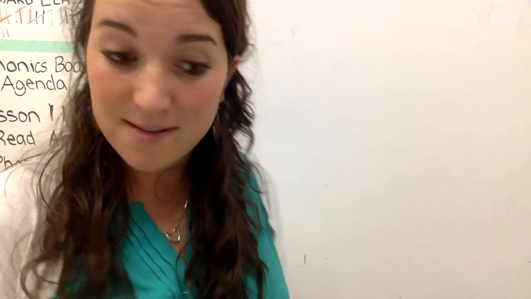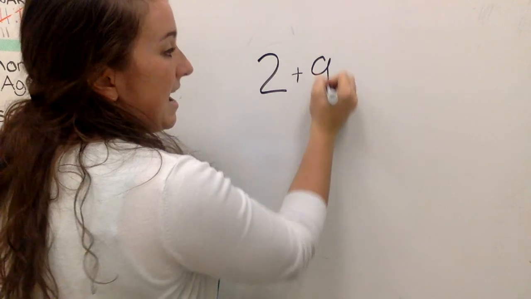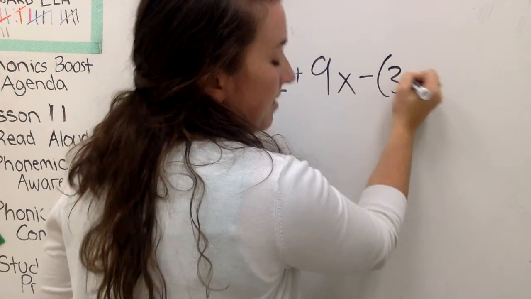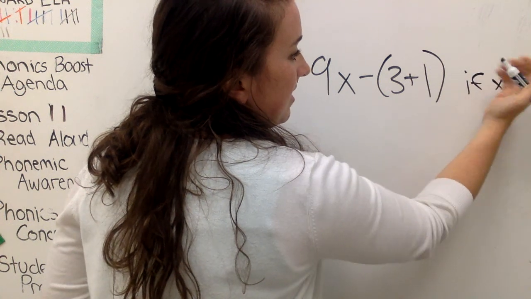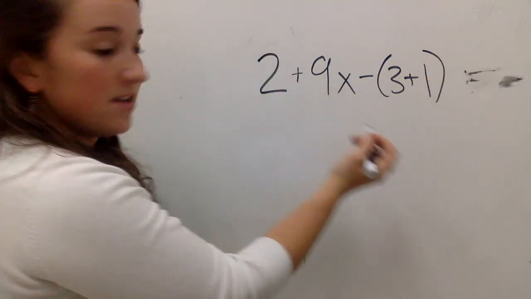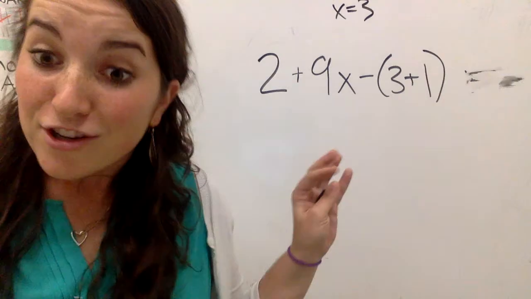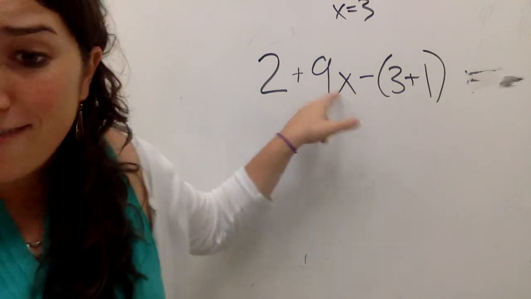Okay, I hope you've paused the video by now. So the problem is 2 plus 9x minus 3 plus 1. If x, I'm going to write this up here so you guys can see it, x equals 3. So before I even get to doing my order of operations, I see I have a variable.